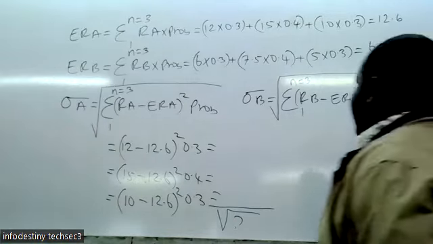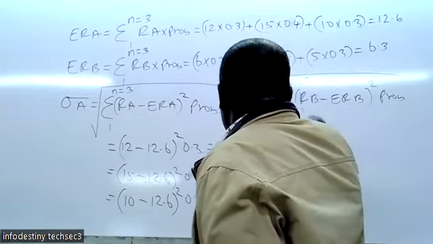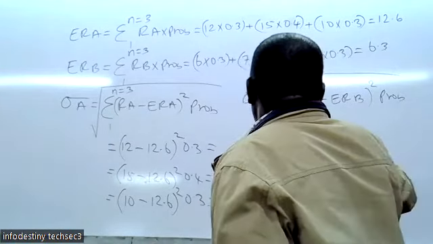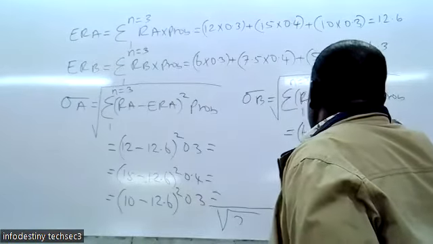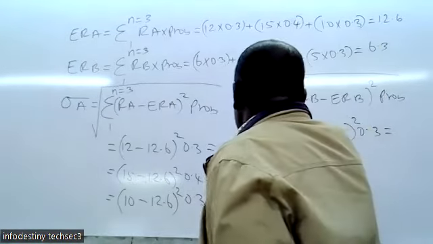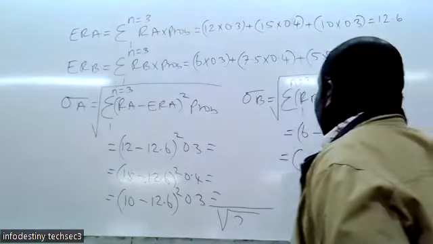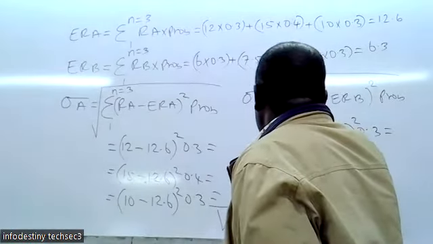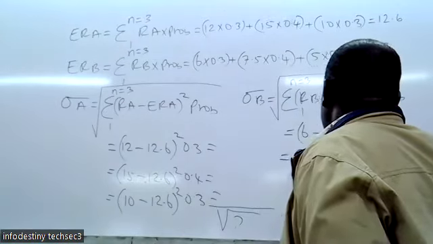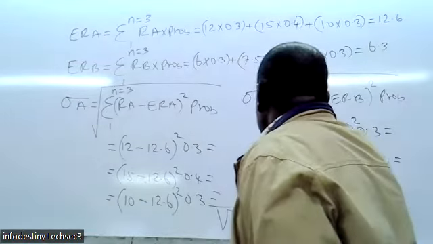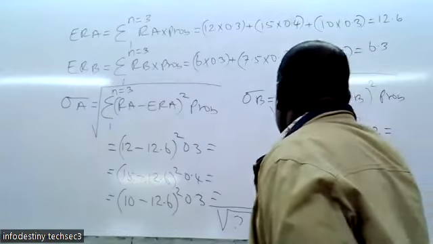So the first return for B was 6 minus expected return 6.3. You square, probability is 0.3. The next return is 7.5. You also minus 6.3, square, 0.4. The next one is 5.